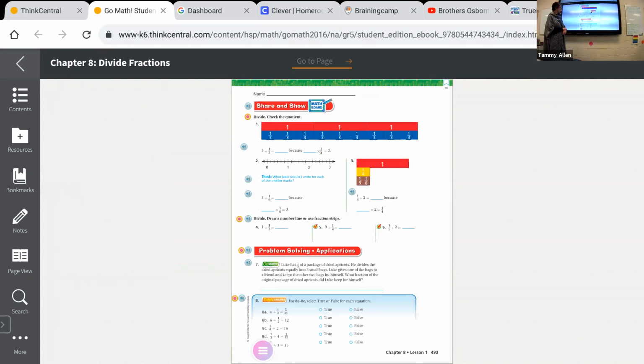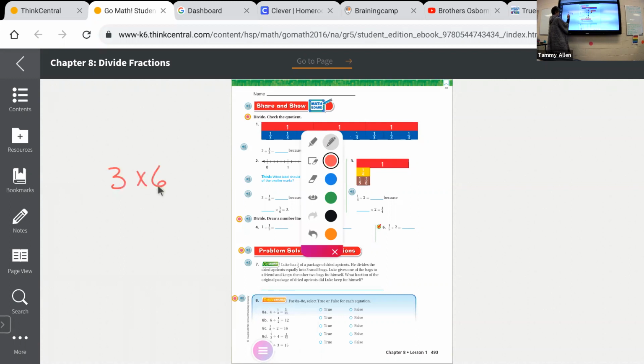Take a look at 3 divided by 1/6. Remember, how many 1/6 are in 3? Well, how many 1/6 are in 1? So 3 times we have 6.